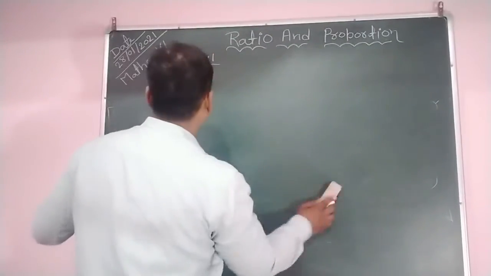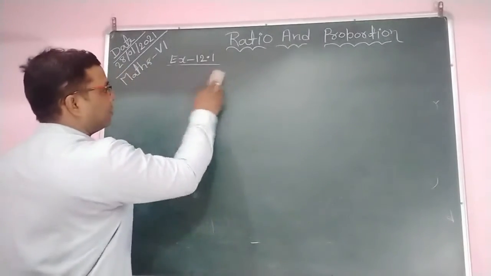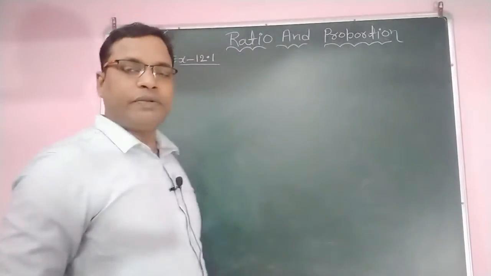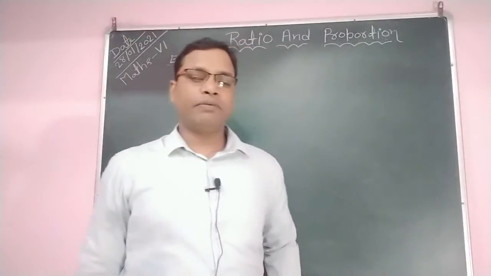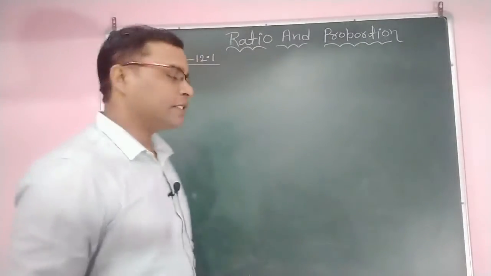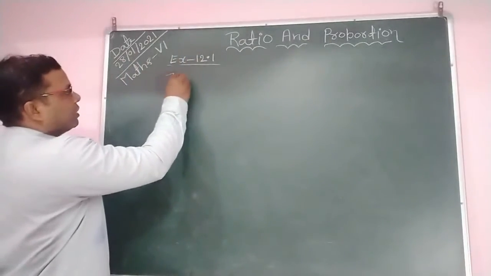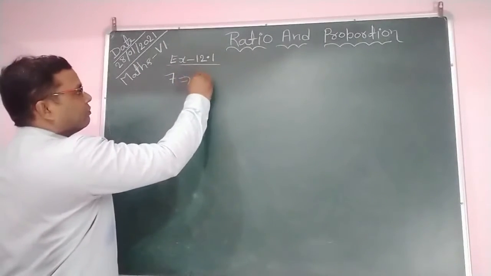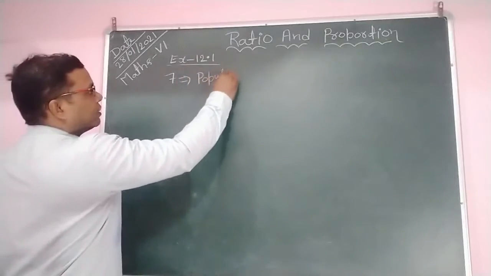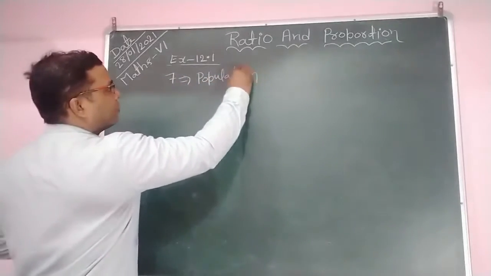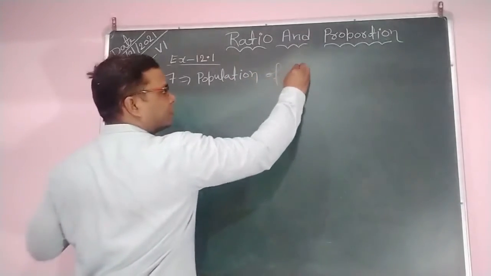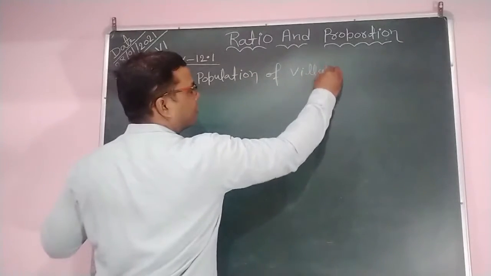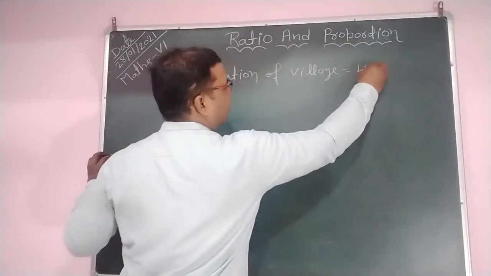In question number 7, the population of the village is given. First you write: population of village is equal to 4,800.